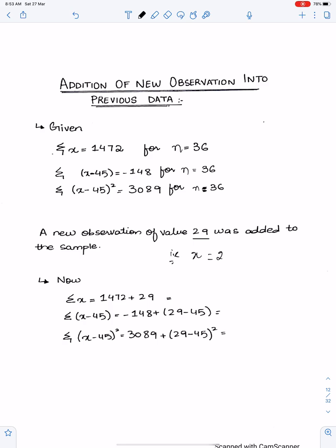That is, x is 29. So, see, you have to add x here. This is x. So just add 29 here. If you add 29 here, you can get sigma x for 37 observations.